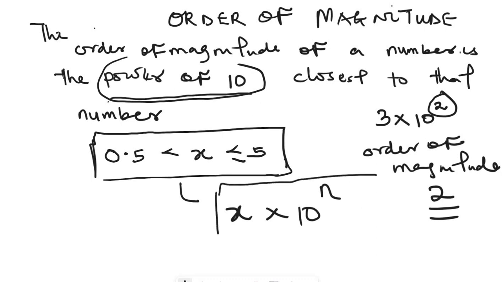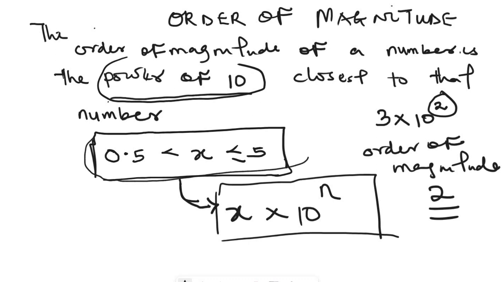Whenever they ask you to find the order of magnitude of a physical quantity, make sure that your x follows this inequality. Your x must be between 0.5 and 5 inclusive of 5, and must not be outside this region. Provided your x is in this range, then you can find your order of magnitude. Let's solve a question.